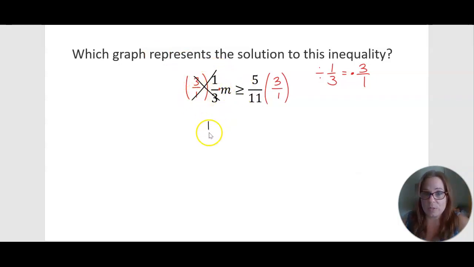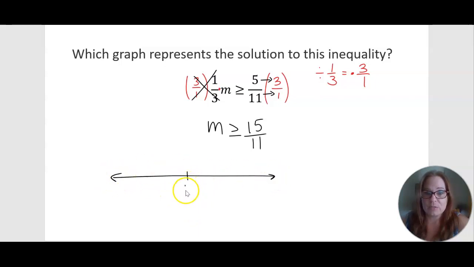All right, so I multiply by 3. This just equals 1. On the right, I'm going to do top times top and bottom times bottom. I get 15 over 11. I did not multiply by a negative, so I keep the inequality the same. And now to graph it, I'm going to put 15/11ths right there. I've got numbers to the right, numbers to the left.